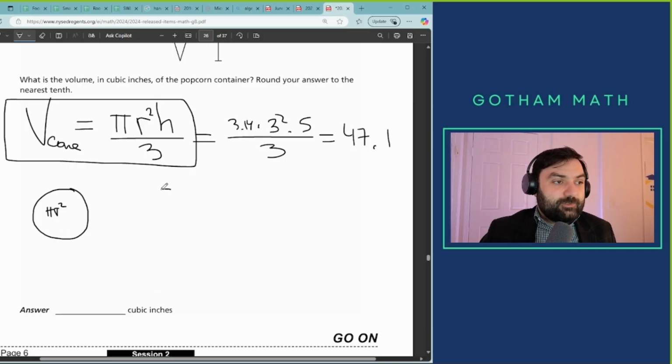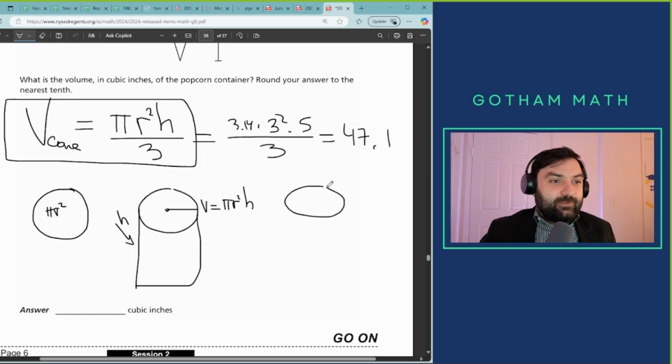Now, when a circle becomes a cylinder, which is just a circle with a height, the volume formula will be pi r squared, just like in the area, but also times height, because height is being added.